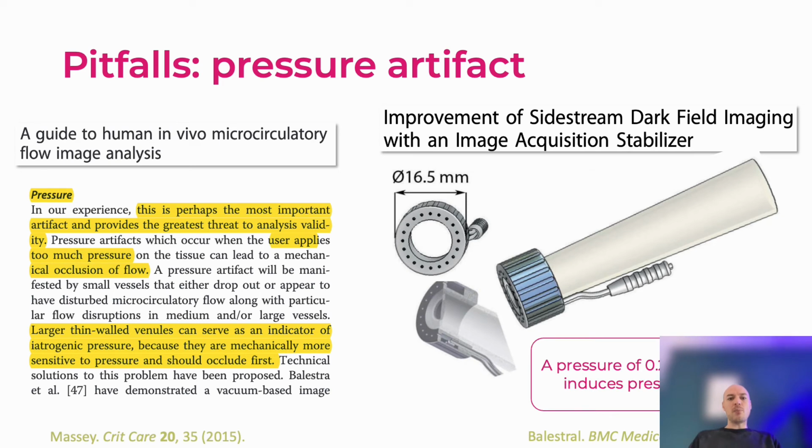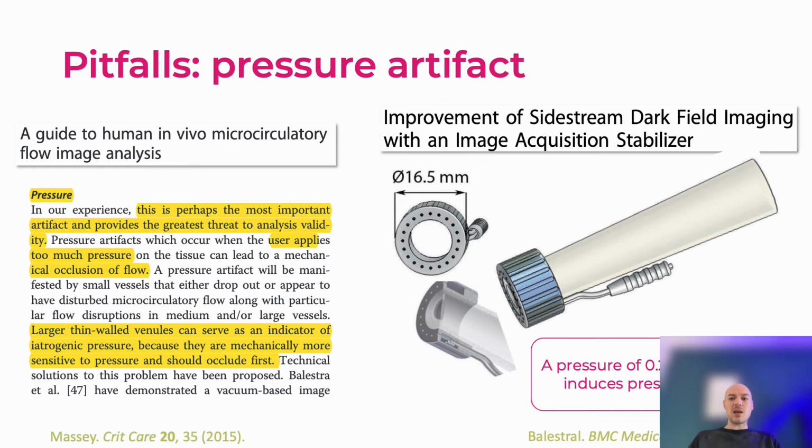Well, the problem of pressure artifacts has been outlined in several publications and should be properly assessed and reported according to quality scores. Indeed, large venules are very sensitive to an external pressure applied with the HVM, and only 25 grams is enough to induce pressure artifacts.